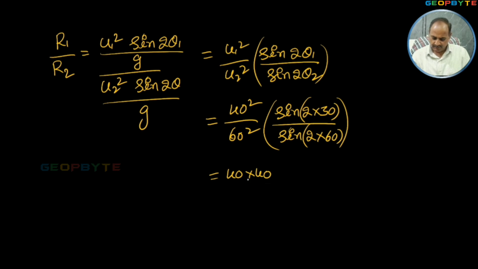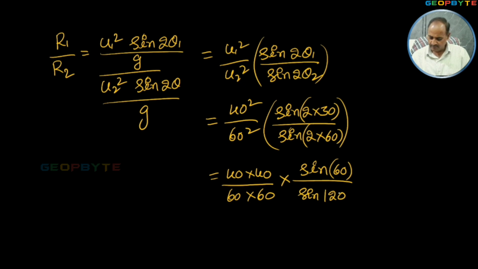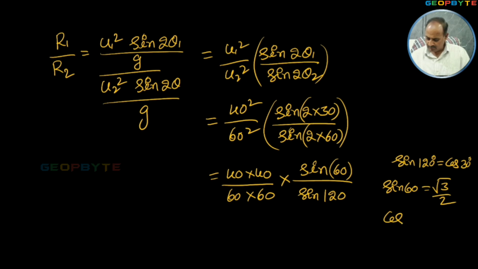Otherwise, let us write the direct value: sine 60 divided by sine 120. Sin 120 equal to cos 30. You know, sin 60 equal to root 3 by 2, and cos 30 equal to root 3 by 2.